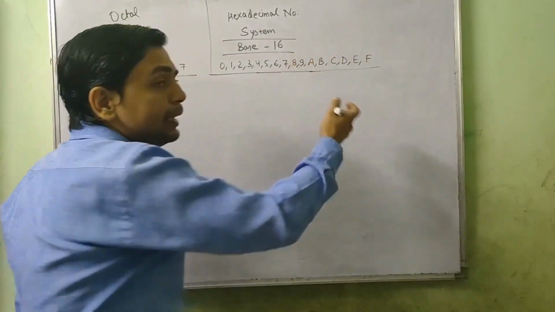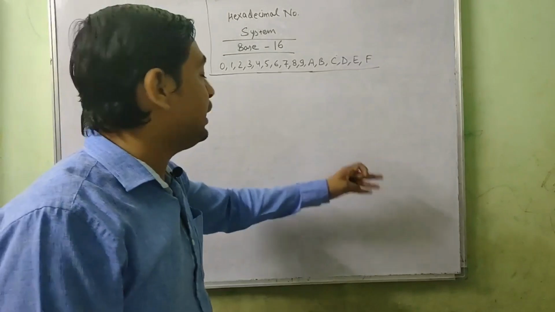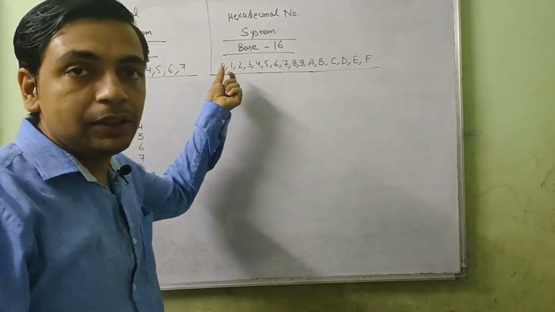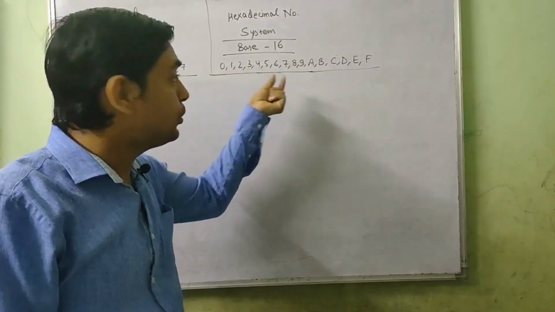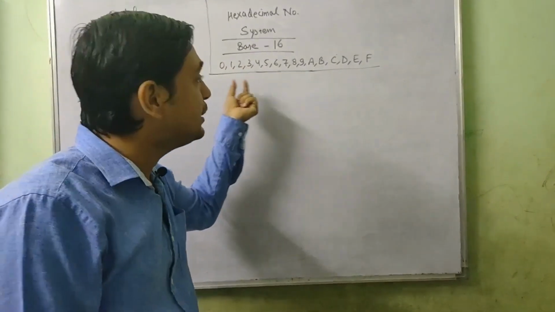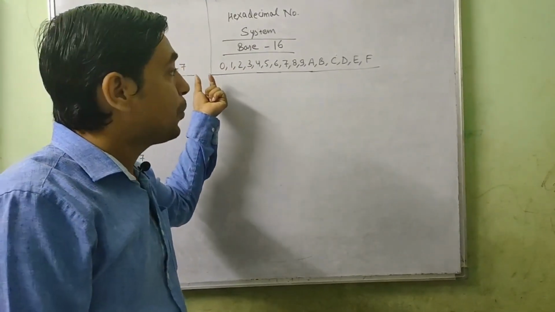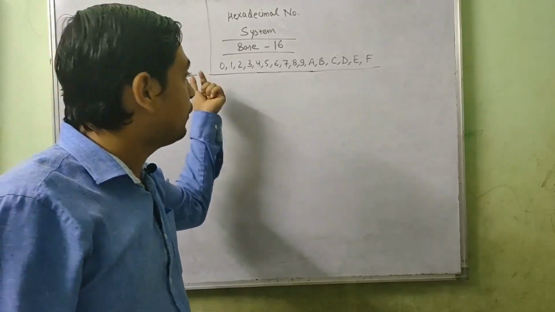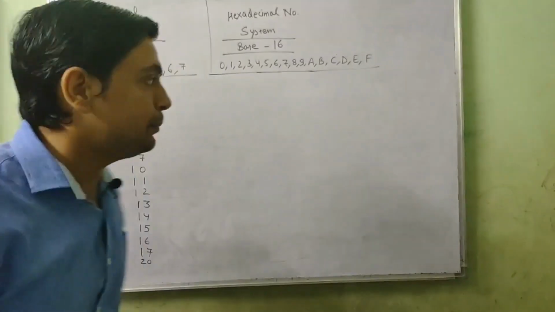But we don't write 10, 11, 12, because if we write 10, 11, 12, we are actually repeating the digits 1 and 0. Even in 11, 1 and 1, in 12, 1 and 2. So we are repeating the same digits. Hence, we don't want to do that. We want unique digits. So we have used alphabets in the hexadecimal number system.